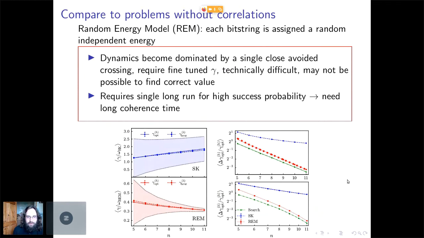I talked about the effect of these correlations and that we know they're playing a role. So this is also interesting because any classical algorithm is using the fact that different solutions are correlated. Otherwise, you couldn't have a classical algorithm that could do better than random guessing.